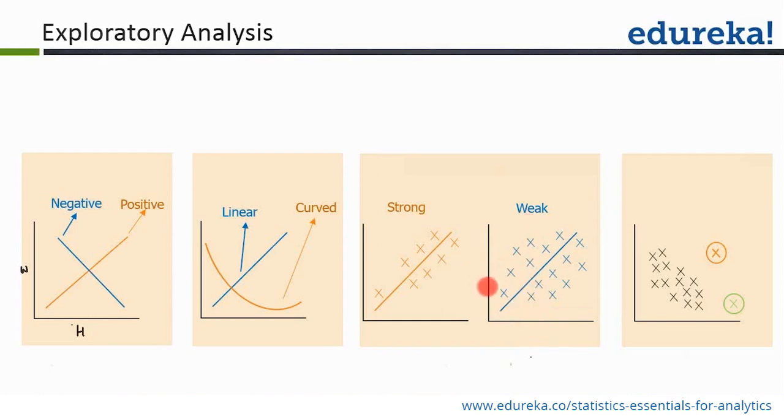For instance, here it may say 50 kg, here it may say 90 kg. So with two people having similar height, the relationship with respect to weight is probably weak here.